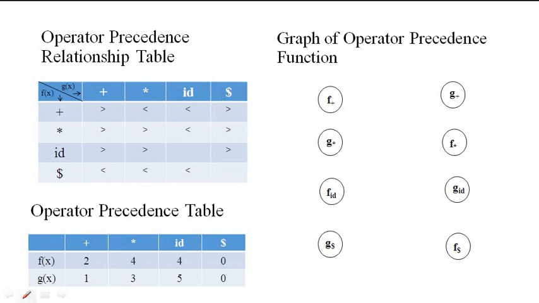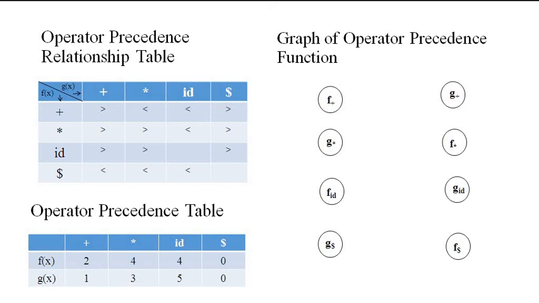So now check for precedence, like f of x and g of x. So f of plus and g of plus: you have a function, and in that function there are many plus signs, addition operators. Then what is the relation between this plus?